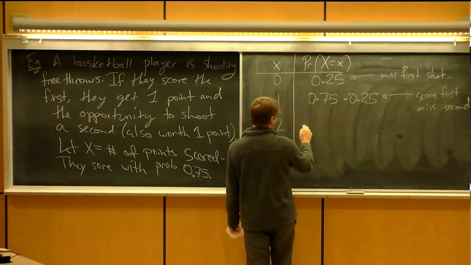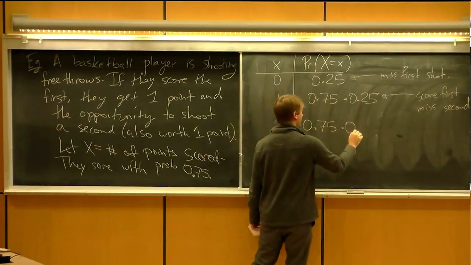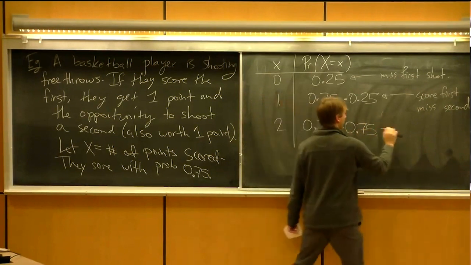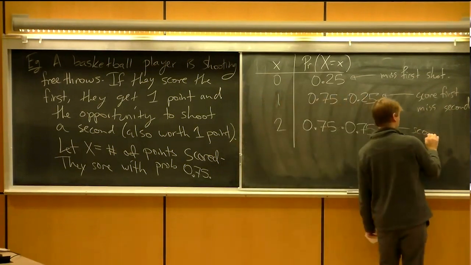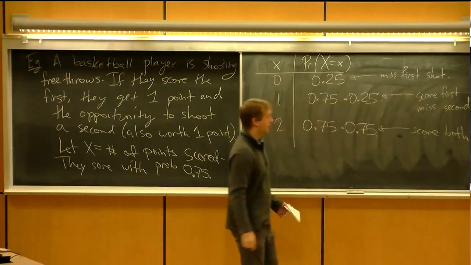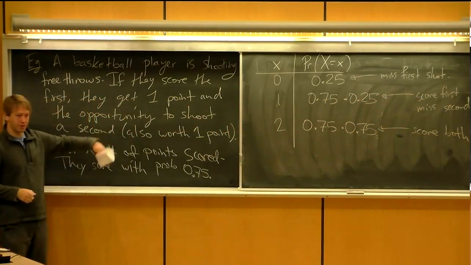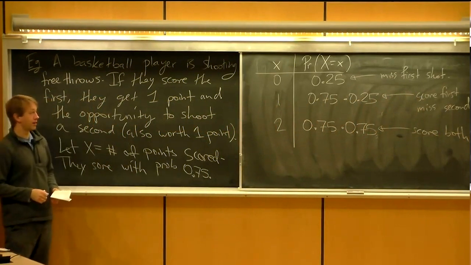Right? And now the probability of getting 2 points, well, you've got to score twice, right? And that would be the end of it, right? This is the whole distribution of this random variable x.